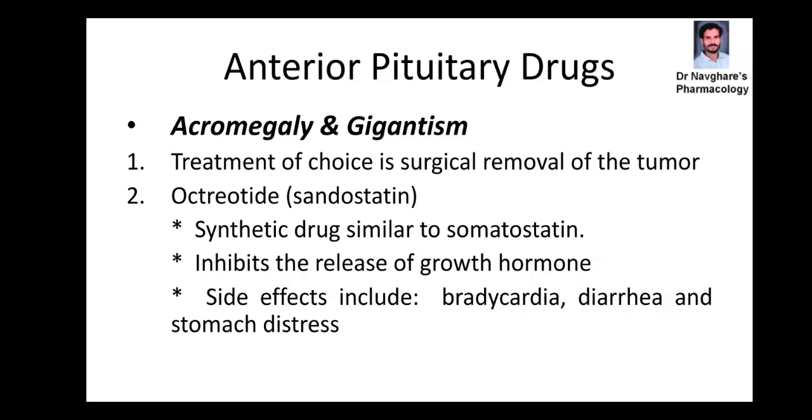Acromegaly and gigantism are developed because of continuous secretion of growth hormone due to tumor production in the pituitary gland. Acromegaly is also called a pituitary gland tumor.